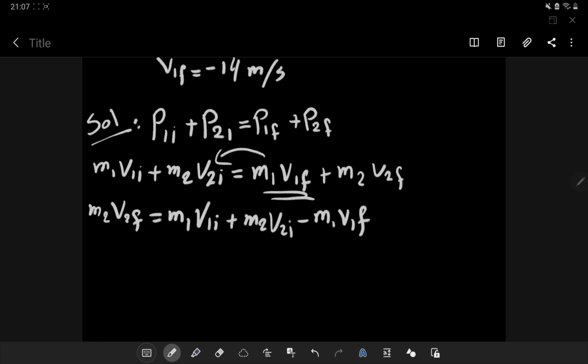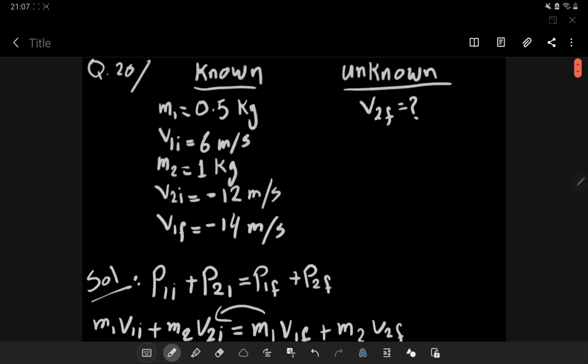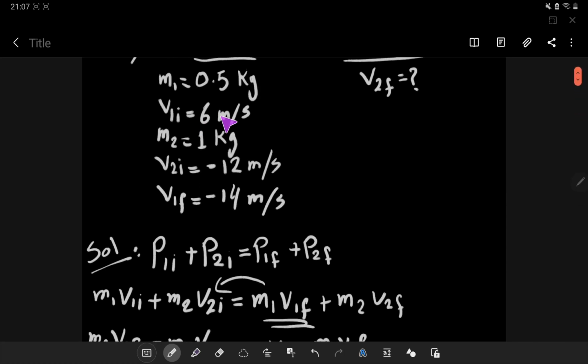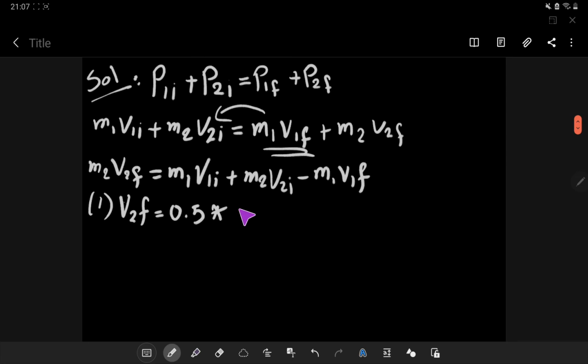I will write it. 1 V2 final equal to, here we have M1 equal to 0.5 kilogram, so it's 0.5 multiplied by V1 initial, which is 6 meter per second, plus M2 V2 initial.